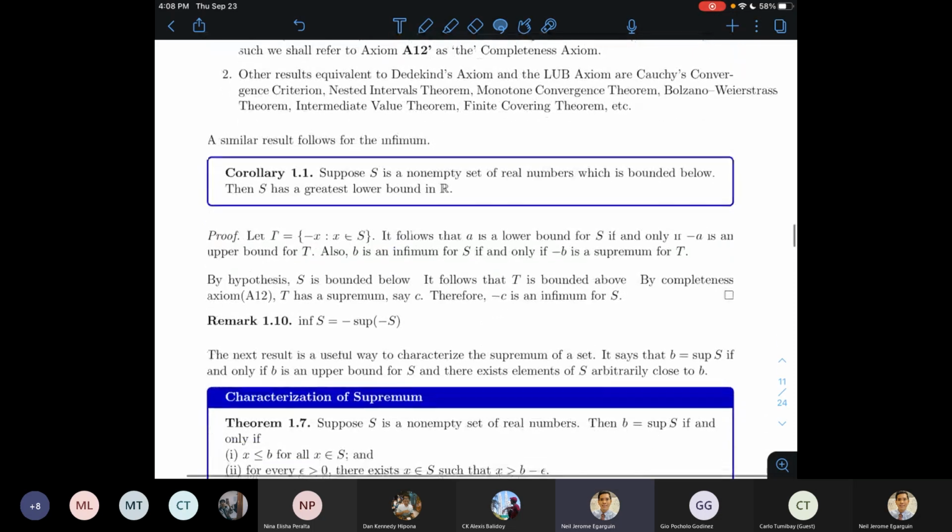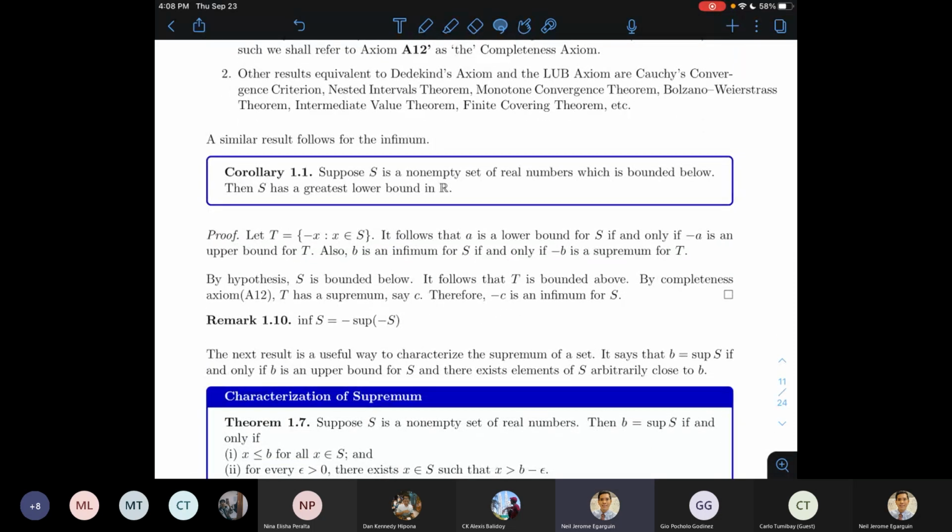And I guess this is where we stopped last time, corollary 1.1. So here we just proved the analogous result for the infimum. Here we suppose S is a non-empty set of real numbers which is bounded below naman.